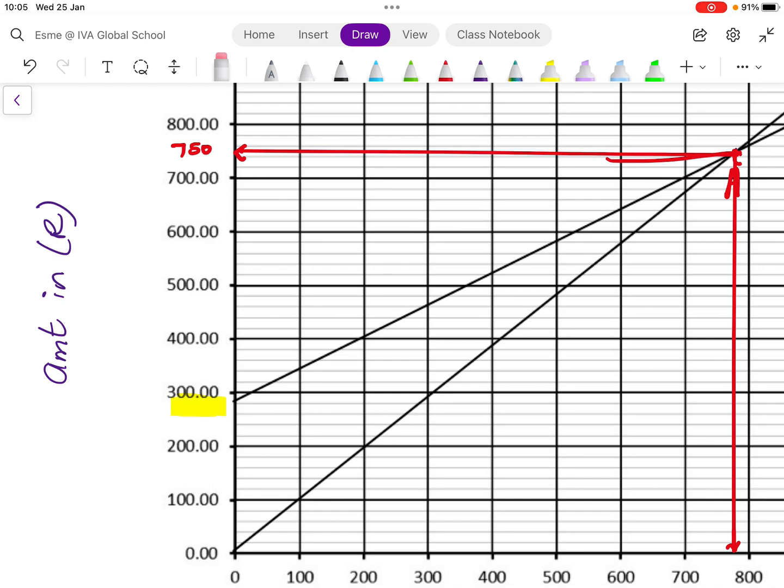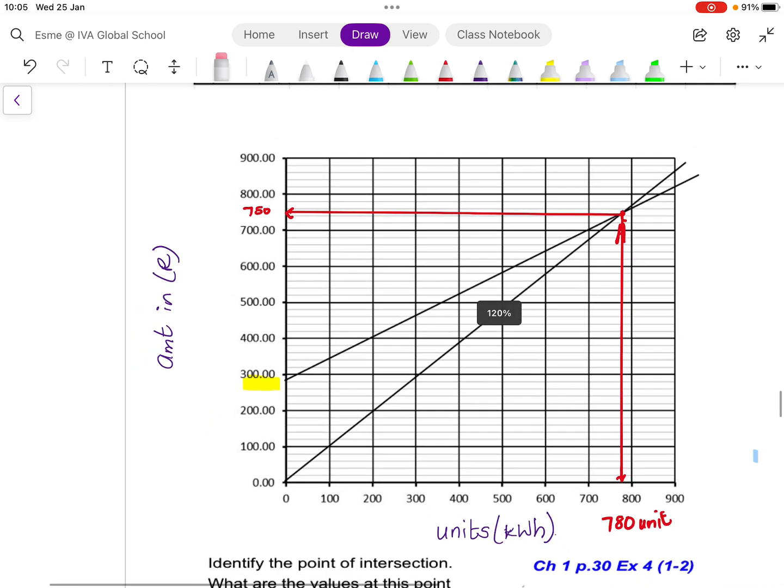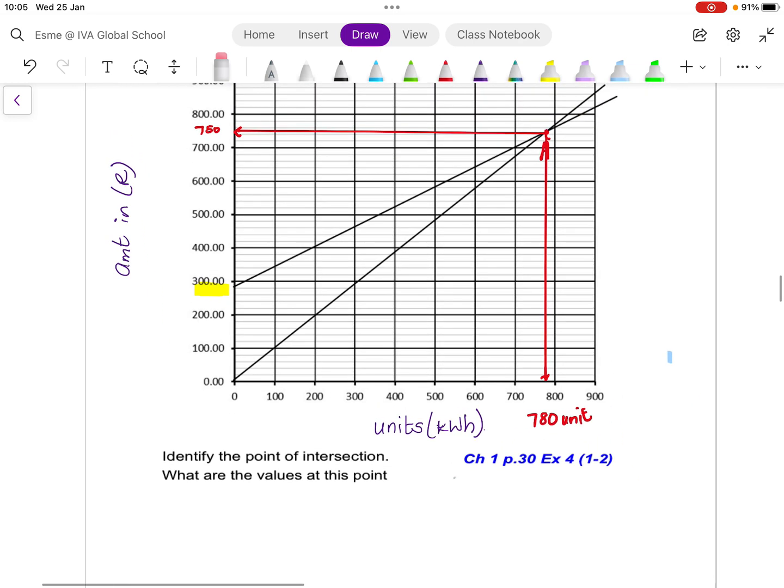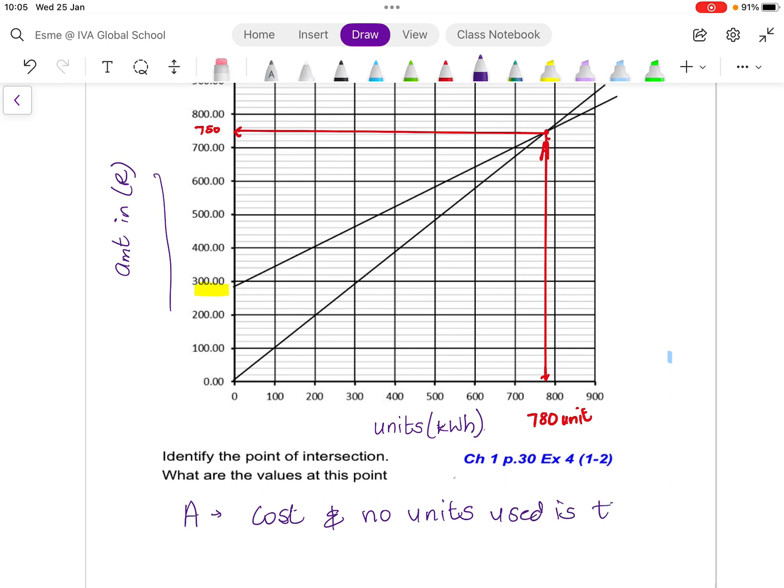So often what I ask you is identify the break-even point and explain what is happening here. So the break-even point is A, and that means that the cost and the number of units used is the same for both systems.